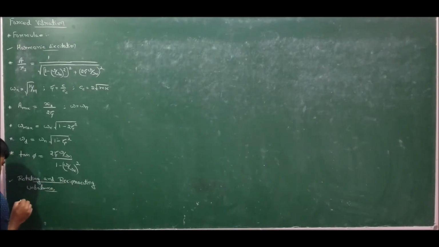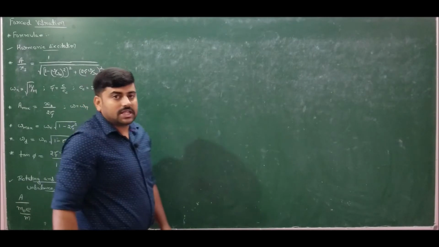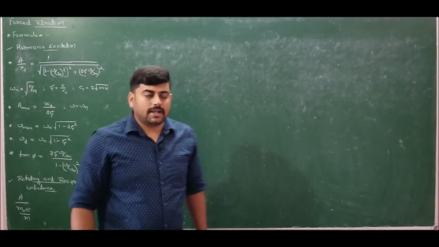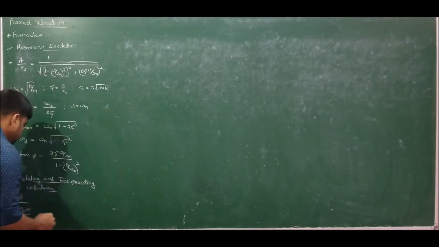In rotating and reciprocating unbalance, we have derived the expression for A by XS, where XS is given by m naught E by m. Here m is the mass of the machine including the unbalanced mass, whereas m naught is the mass of the unbalanced mass, and E is the eccentricity.